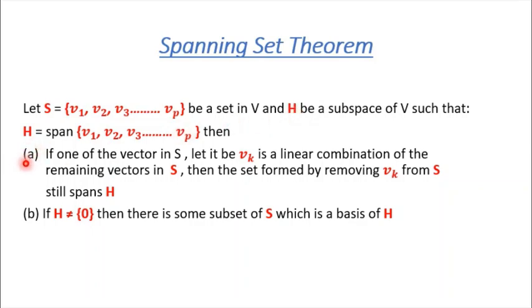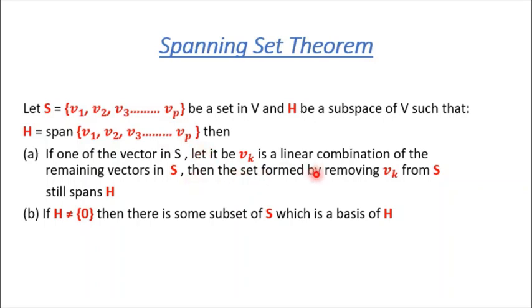Now, first bit is, if one of the vectors in S, let it be Vk, is a linear combination of the remaining vectors in S. That means here you have p vectors. Among these vectors, suppose any one of the vectors, it can be any vector V1 or V2, V3, any vector which is a linear combination of other vectors.